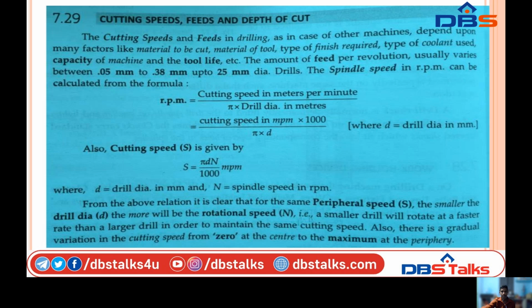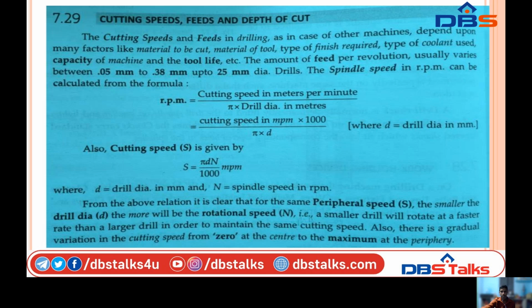Next, cutting speeds. Cutting speeds and feeds in a drilling machine, as in the case of other machines, depend upon many factors like the material to be cut, the material of the tool, the type of finish, the type of coolant used, and increasing the tool life.